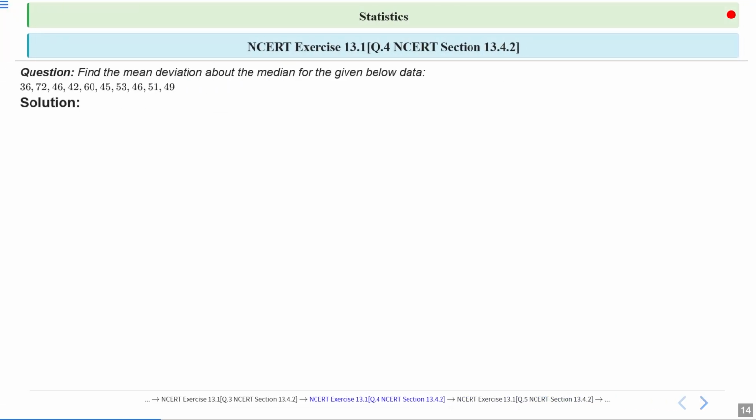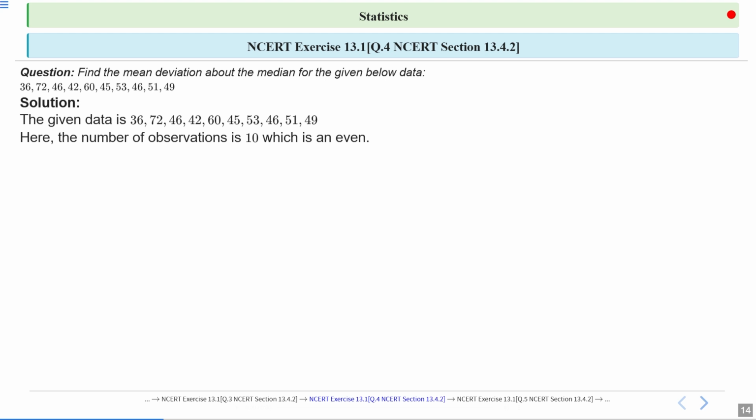So the question is to find the mean deviation about the median for the given below data. So let's restate the data we are working with. So the data is 36, 40, 36, 72, 46, 42, 60, 45, 53, 46, 51, 49.